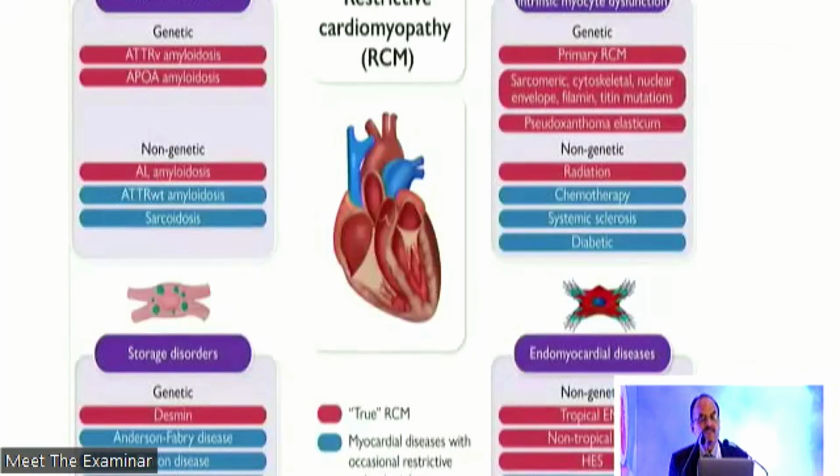This is an elegant review article on restrictive cardiomyopathy, which tells you that you have certain genetic and non-genetic syndromes in each category. Amyloidosis, some storage disorders and familial restrictive cardiomyopathies are the important causes in the West. We have, more importantly, tropical endomyocardial fibrosis as the cause of restrictive cardiomyopathy.